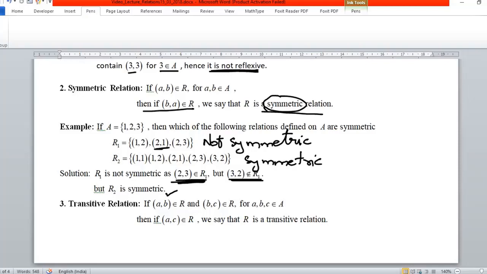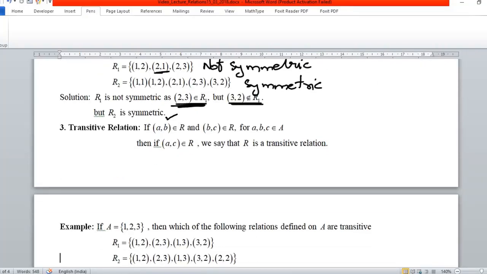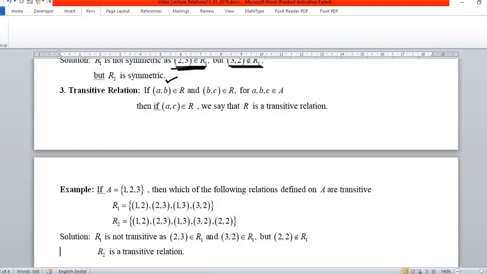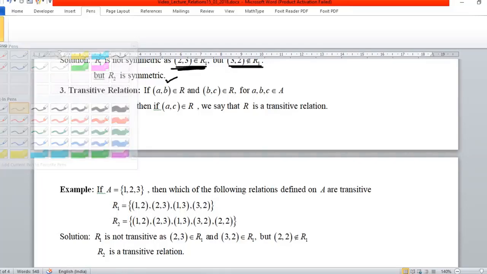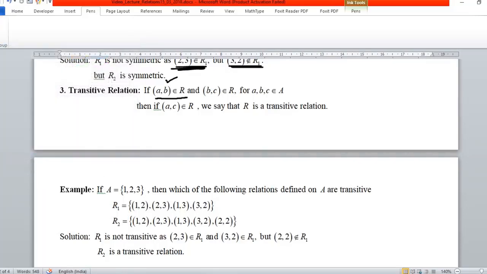Now let us move on to the third type, which is a transitive relation. If (a, b) belongs to R and (b, c) belongs to R, for a, b and c belonging to the set A on which we are defining the relation, then if (a, c) belongs to R, we say that R is a transitive relation.